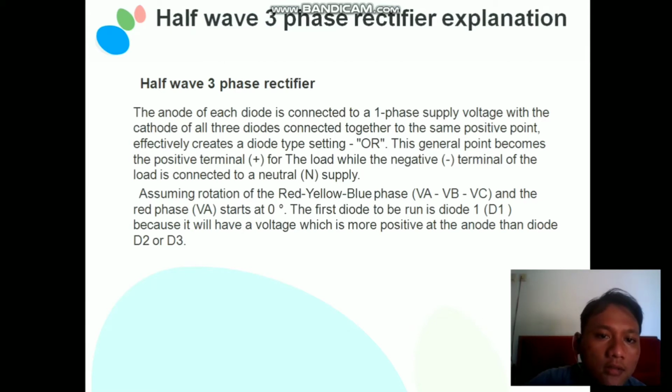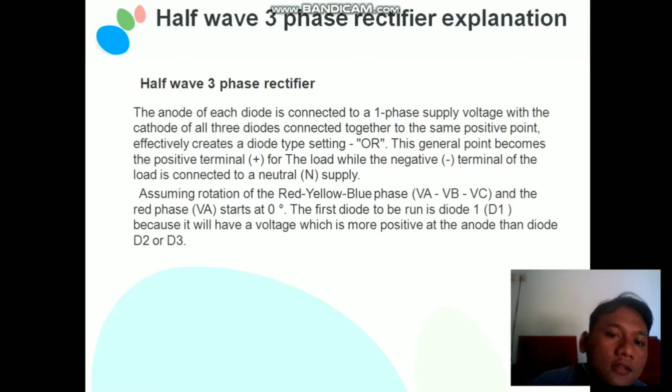This effectively creates a diode-type setting, and this common point becomes the positive terminal for the load, while the negative terminal of the load is connected to the neutral of the supply. Assuming the rotation of the red, yellow, blue phases, or we can call it VABC: VA, VB, VC, with the red phase as VA.